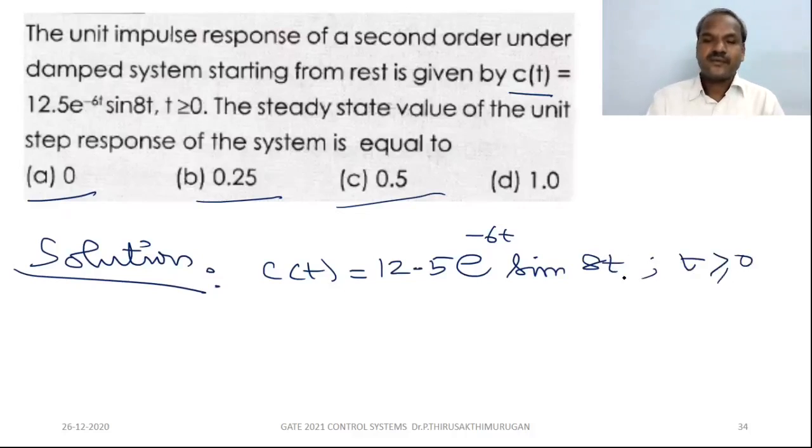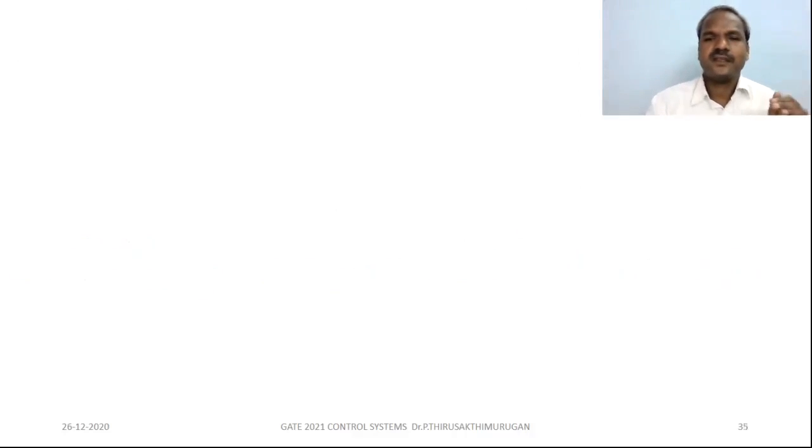Okay. So to find the steady state value, we have to use the final value theorem. For simplicity, first convert it to the S domain, then we can easily proceed.